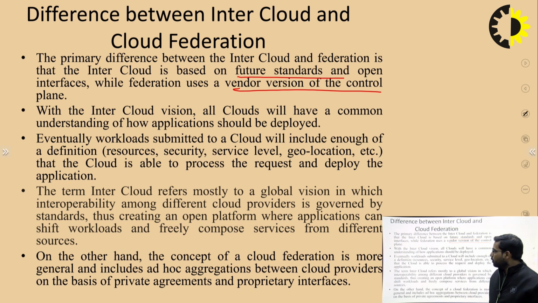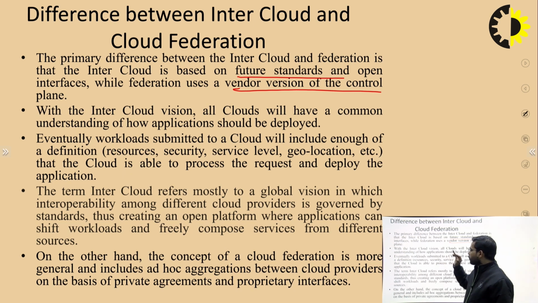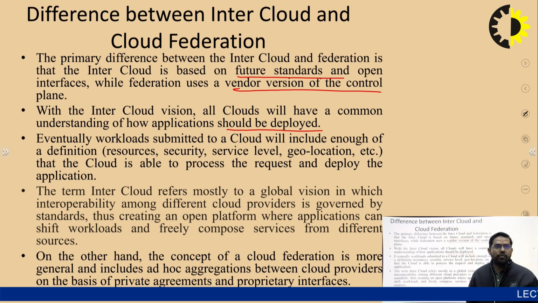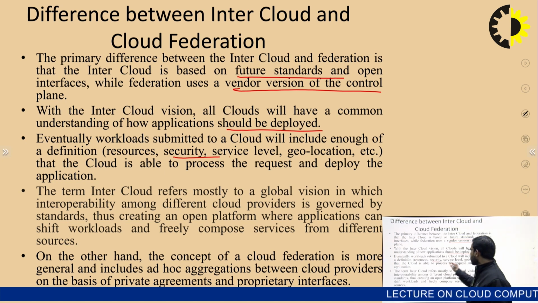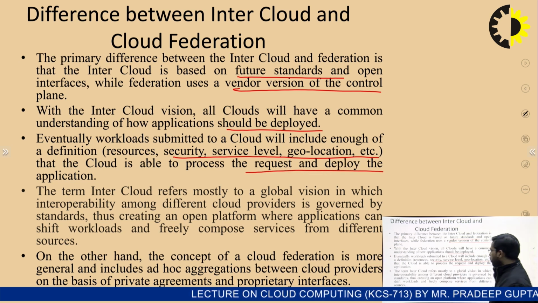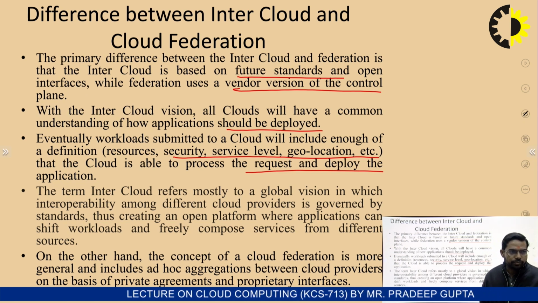With the intercloud vision, all clouds will have a common understanding of how applications should be deployed. Eventually, a workload submitted to a cloud will include enough definition of resources, security, service level and geolocation that the cloud is able to process the request and deploy the application.